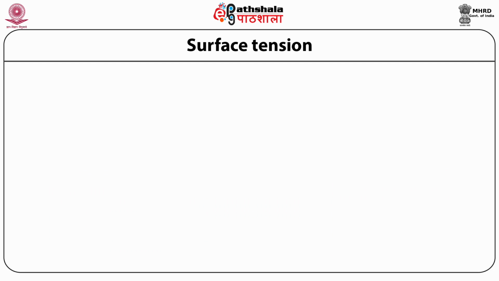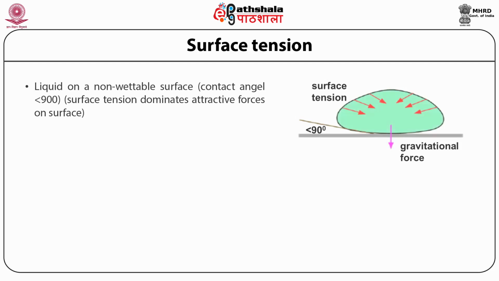So you will see water drops or you won't see them. It all depends on the contact angle between the liquid and the surface. For liquids on a non-wettable surface, the contact angle is larger than 90 degrees, and therefore the surface tension dominates the attractive forces on the surface.